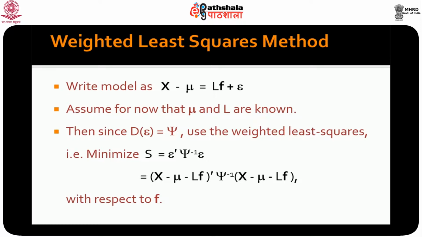First, the generalized least squares method or the weighted least squares. Now, we have the model x minus mu is equal to LF plus epsilon. For the moment, assume that mu, L, etc. are known to us. Then, since epsilon has a dispersion matrix which is not spherical, in the sense that the diagonal elements are different for each of the individuals, we need to apply the weighted least squares. And how do you do the weighted least squares?